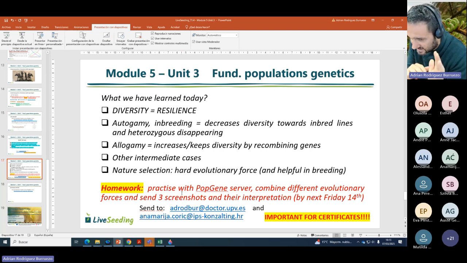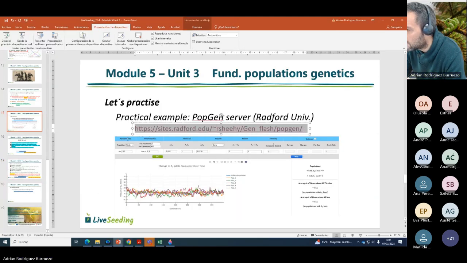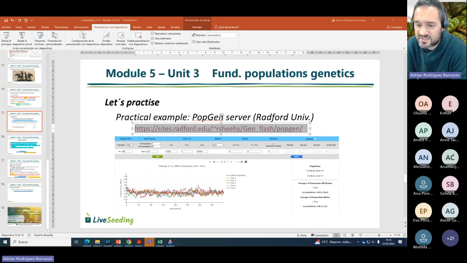Very simple: screenshots and a paragraph discussing why on this screenshot, where I changed the number of individuals, the results are different. Just discuss very briefly in three Word pages with the screenshots pasted.